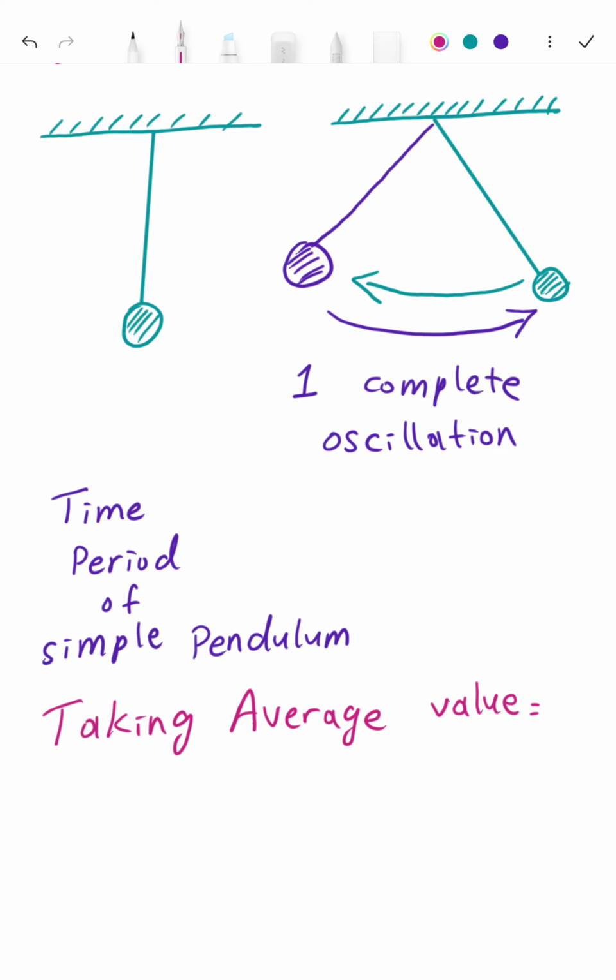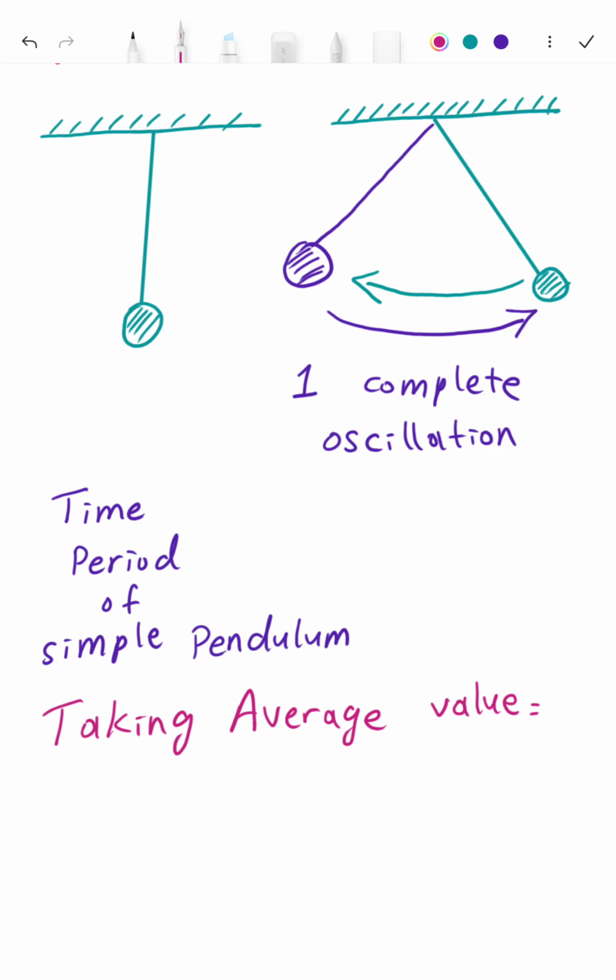Now what is this method? Instead of taking the time for one oscillation, we measure the time for 10 oscillations, and then divide the total time taken by 10. In this way we are taking the average reading for a single oscillation, and by taking the average reading we are reducing the amount of error and making our answer more precise.